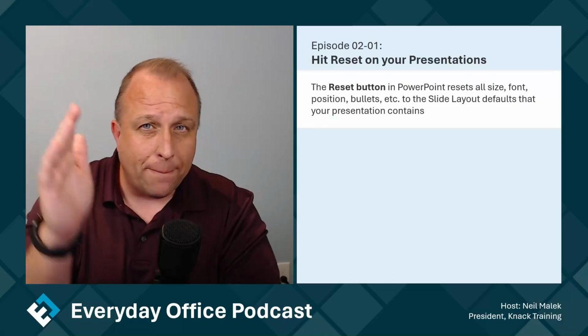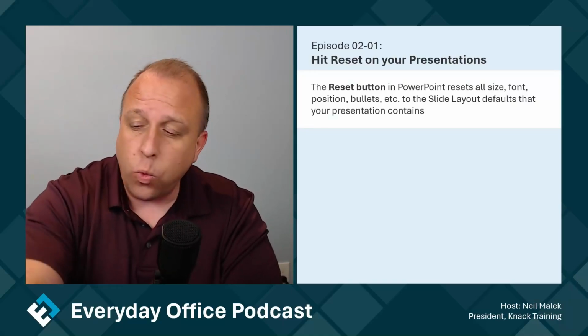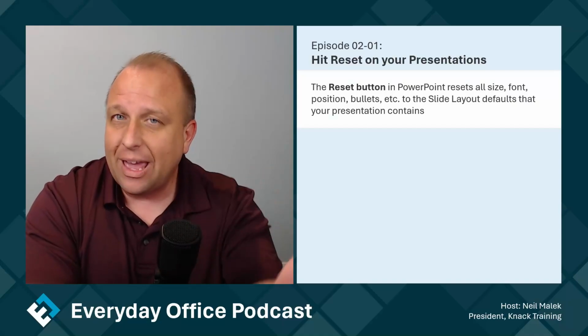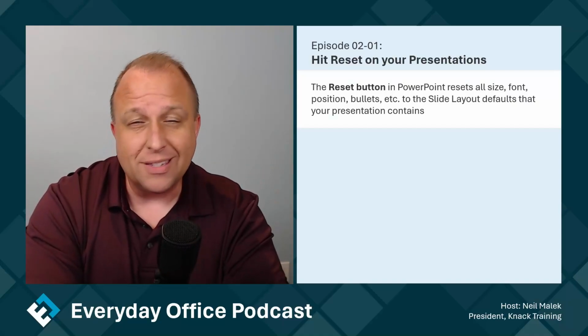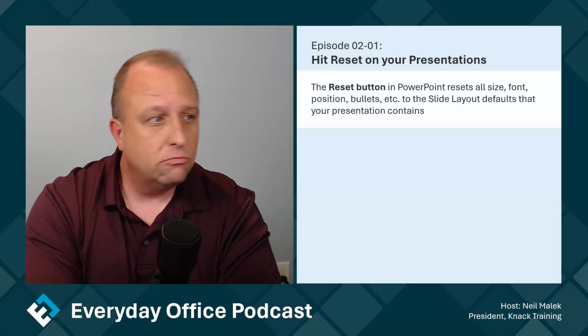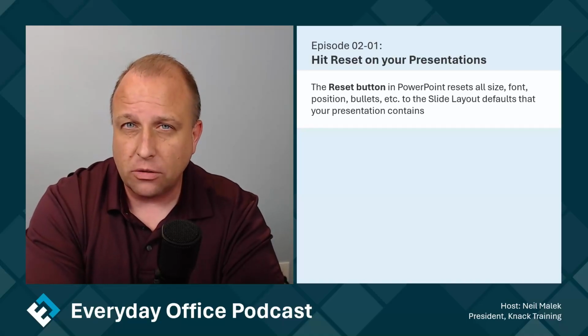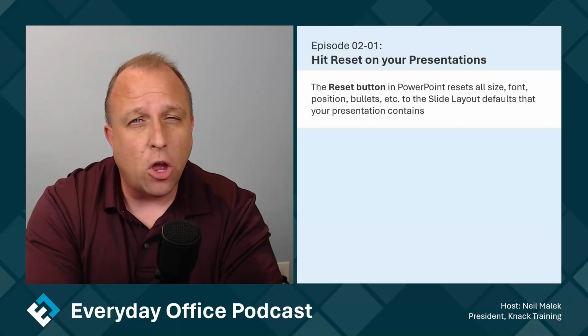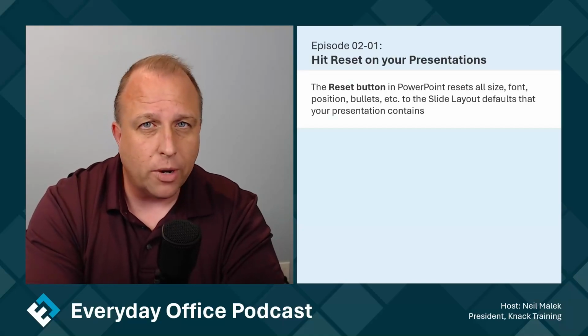When you go into PowerPoint, no matter which PowerPoint presentation you have open, behind every PowerPoint presentation is the template that designed that presentation. And that template has things like the backgrounds and the fonts and the colors and all the rest of it.